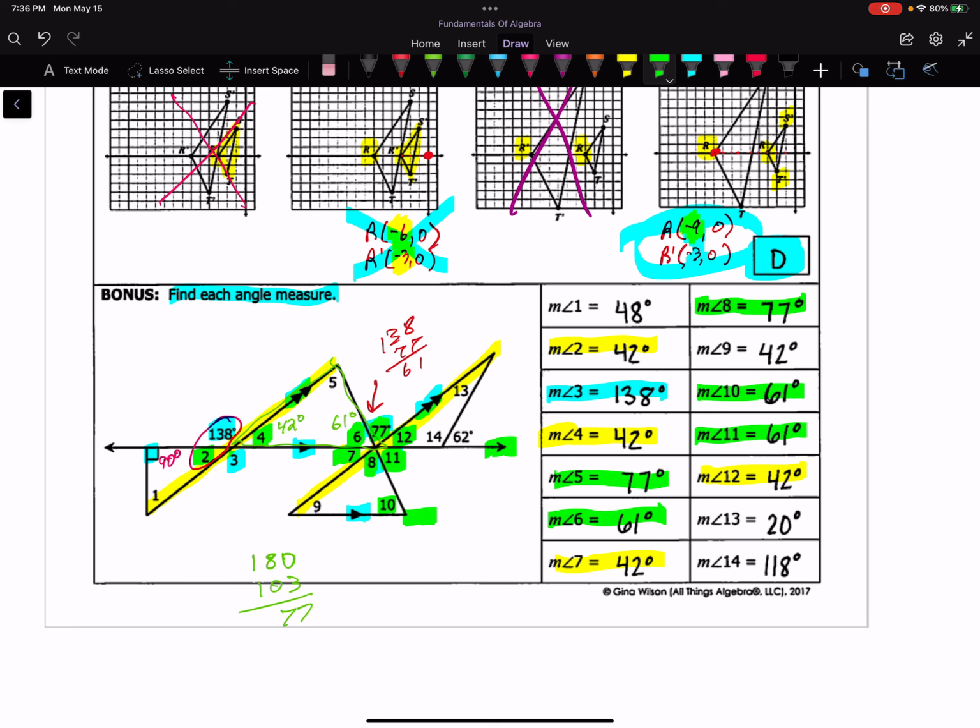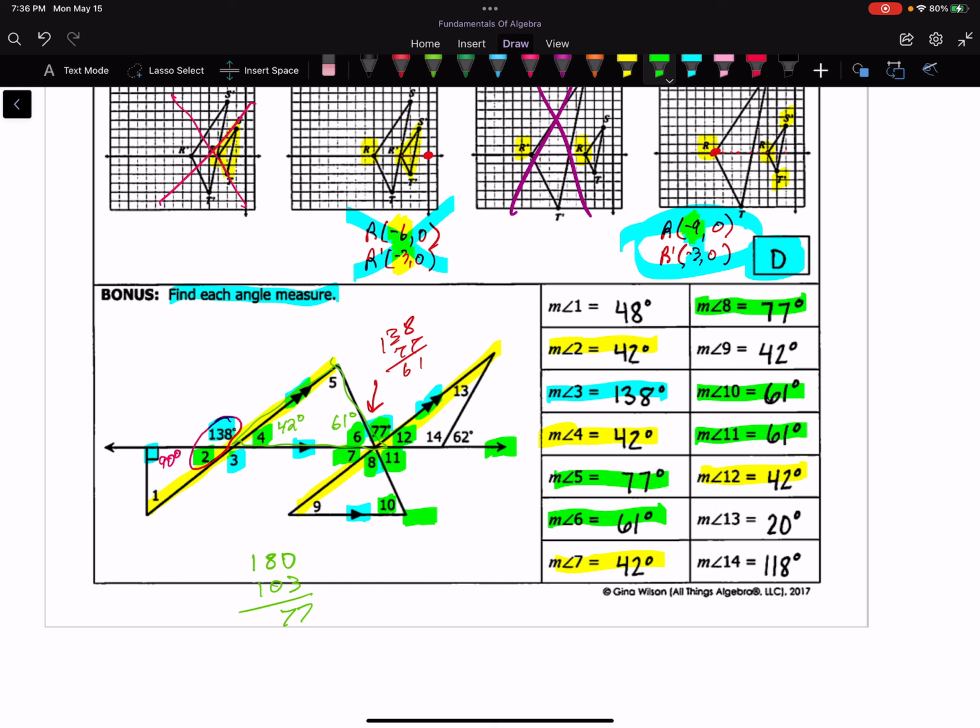We know that number 9 is, what do we know about number 9? We know that it is 42 degrees because we know 8 and 10, and we know 12 is 42 degrees.